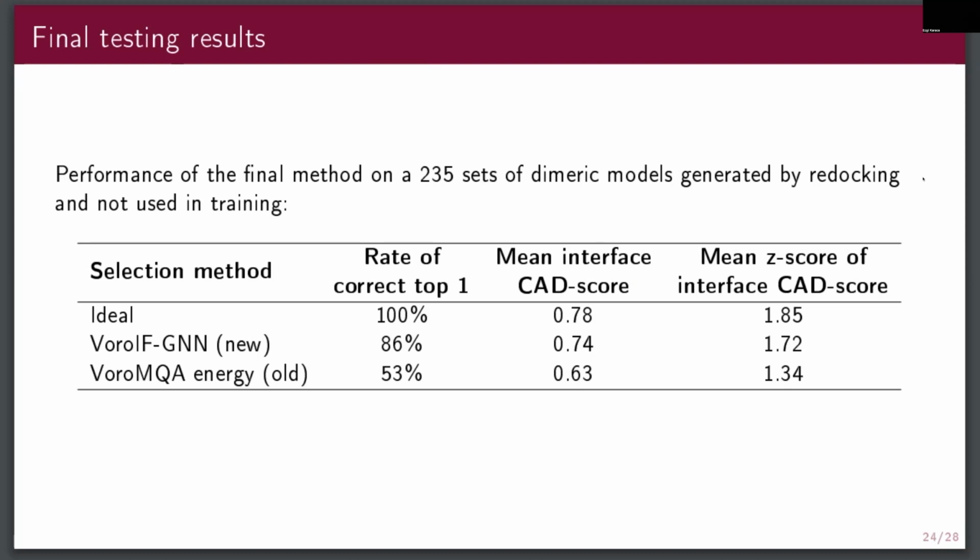We didn't include perfect models in the testing set. And the new method performed much better than the best performing of our older VoroMQA-based methods. And even if it failed to select top one, the second or the first selected model was on average very close to the basically ideal selection.